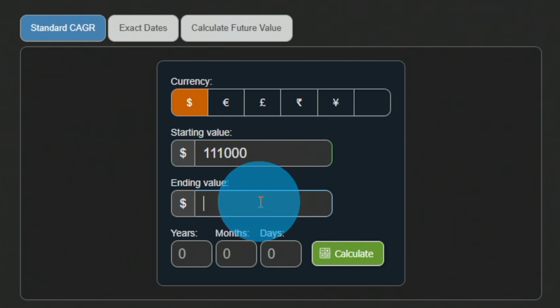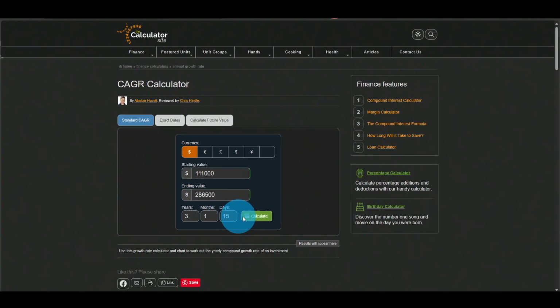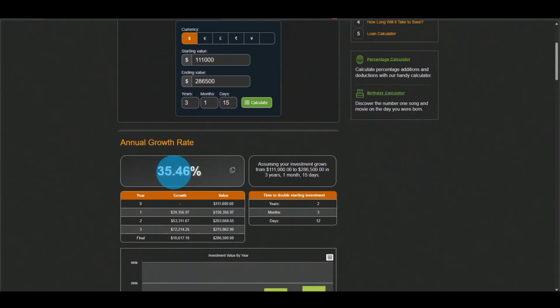And we made $176,000. So that means we end up with 286, let's say 500. And the total time is 3 years and 1 month and 15 days. So we calculate. So look at this. This portfolio, even with the huge drawdown and the capital we needed to cover it, still made 35% on an annual basis.